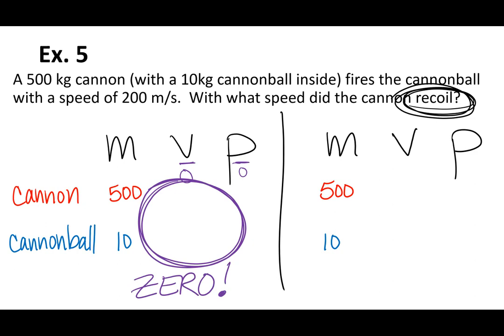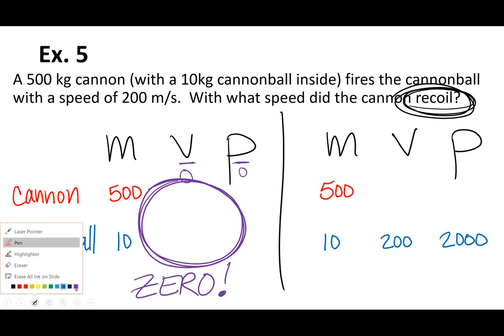Well, then how are these moving afterward? Well, the cannonball is going 200, so that's our blue. This one is going 200 meters per second. Well, let's find our P. 10 times 200, well, that's 2,000, isn't it?